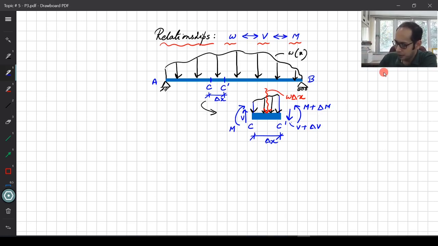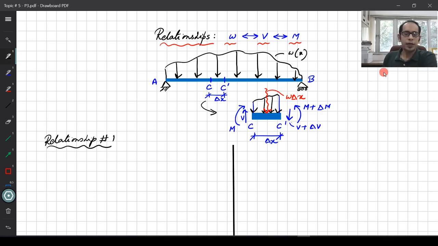So let me maybe draw a divider over here, and let's look at relationship number one. Relationship number one is going to be from the equilibrium of the vertical forces.